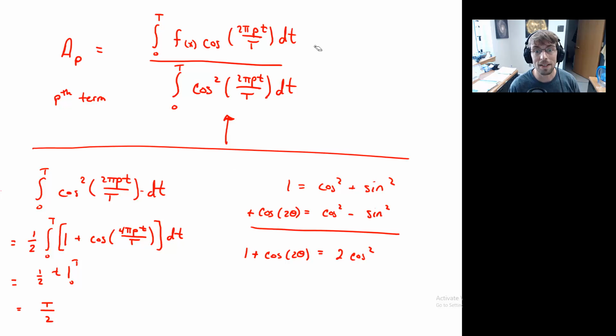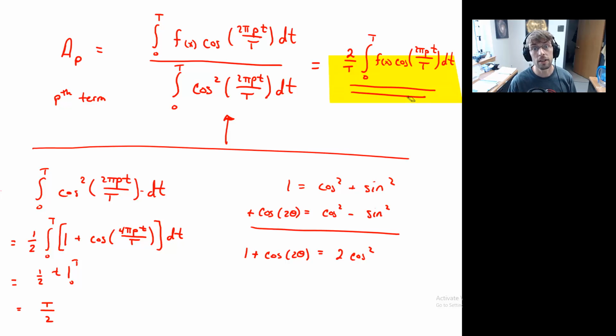So if I go back up here, I could rewrite this simply as 2 over T, the integral from 0 to T of f of x cosine of 2 pi pt over big T. There is the equation giving us the coefficients for the cosine term.